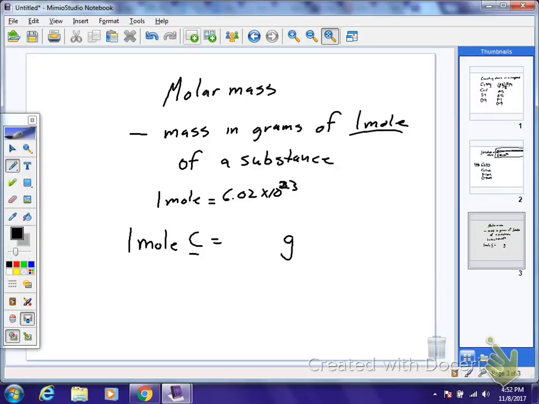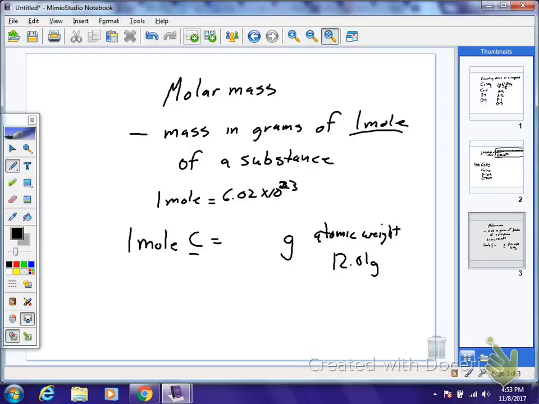Well, on the periodic table, they have this thing called atomic weight. An atomic weight represents what 1 mole is equal to. For example, carbon, the atomic weight is 12.01 grams.